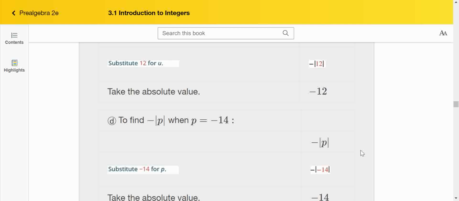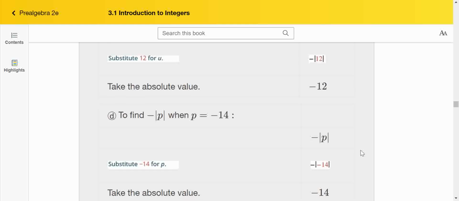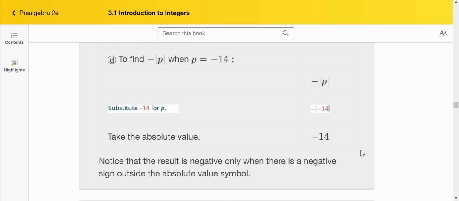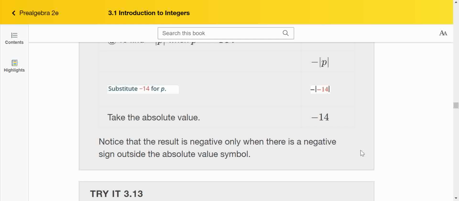Here, to find minus absolute value of p when p is equal to -14, we substitute in -14 for p, and again, because the absolute value affects the inside, the -14 becomes positive, taking the absolute value, and so we get -14. Notice that the result is negative only when there is a negative sign outside the absolute value symbol.